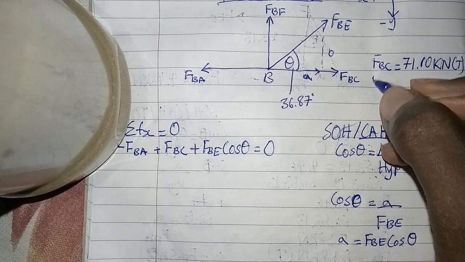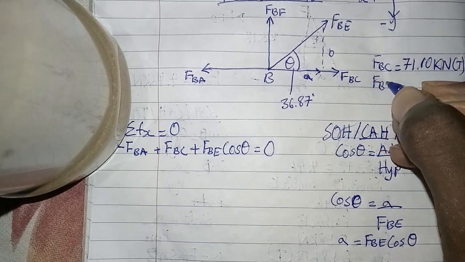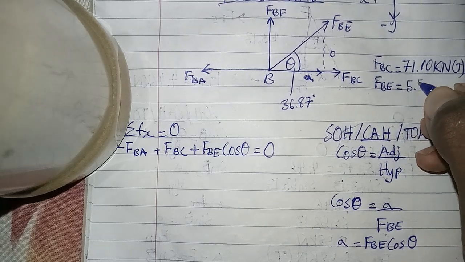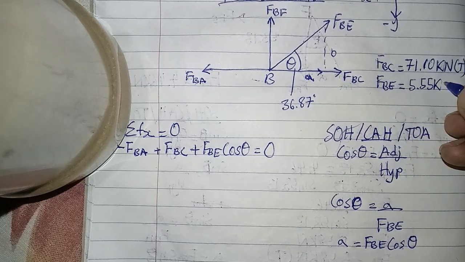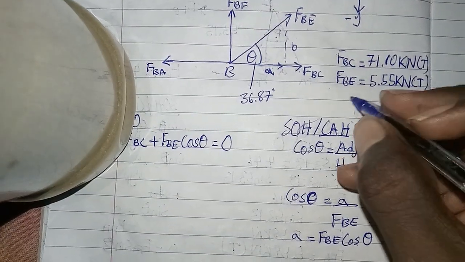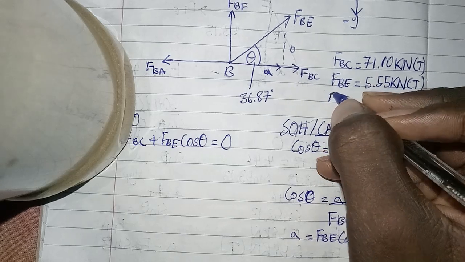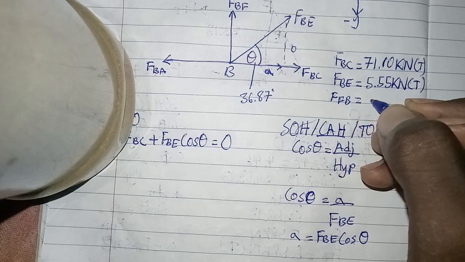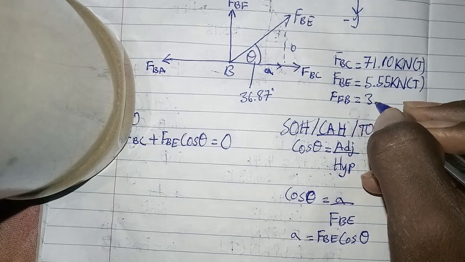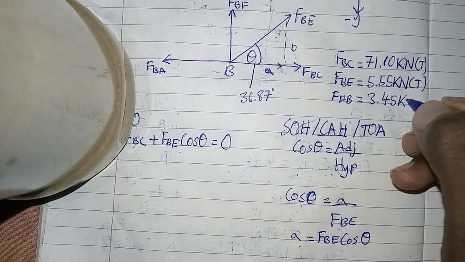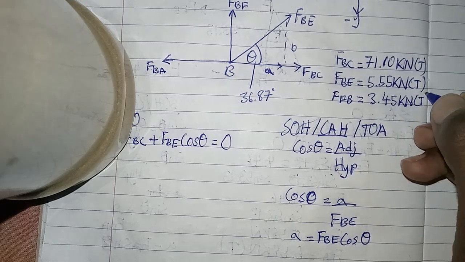Force BE is equal to 5.55 kilonewton, under tension. And we knew force FB to be equal to 3.45 kilonewton, under tension.